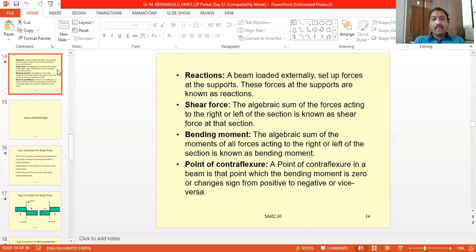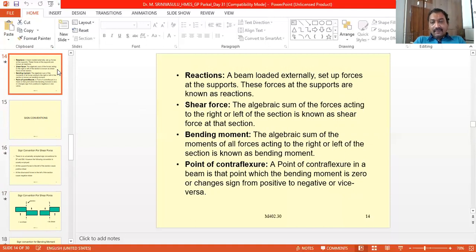Now we have defined the shear force and also the bending moment. The next important term is the point of contraflexure, which is very important here.